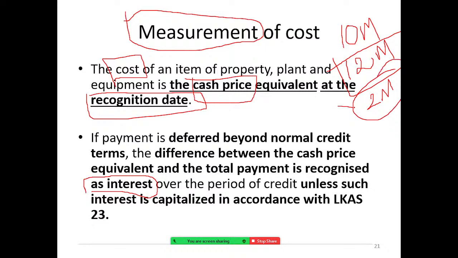This 2 million is not part of the item of property, plant, equipment. The cash price at the date of recognition will be taken as the price. If payment is deferred beyond the normal credit terms, the difference between the cash price equivalent and the total payment is recognized as interest. This is the cash price, and this is the total they paid including interest. So the difference, this 2 million, will be charged as interest.